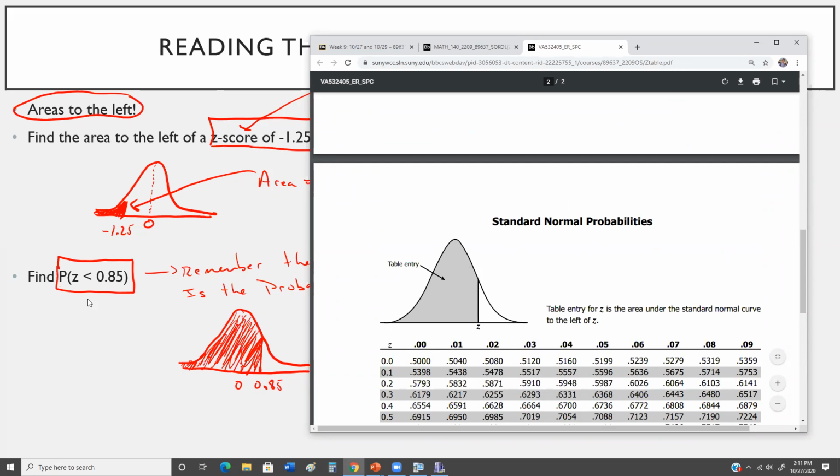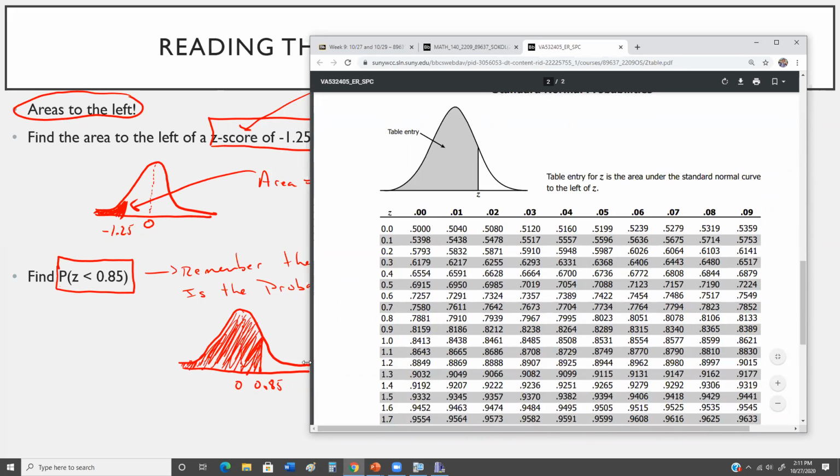Whenever you have a positive z-value, you're going to use this. Again, you go to the first two digits, which are 0.8. Here's 0.8. And the last digit is a 5 again. So you just go over. What area do you see right there where they intersect?